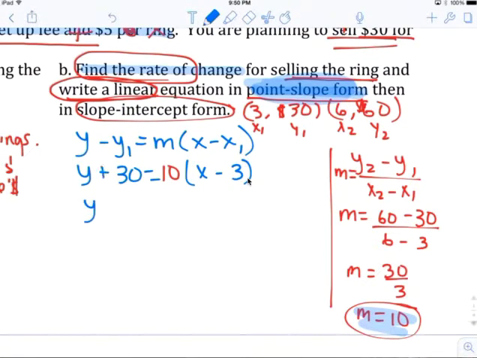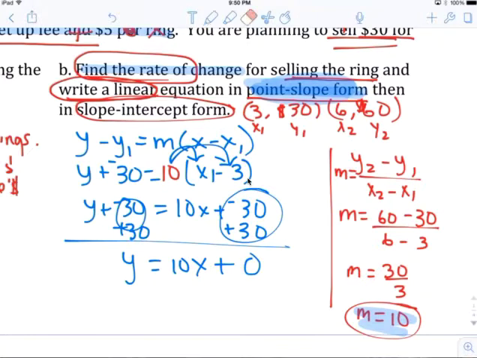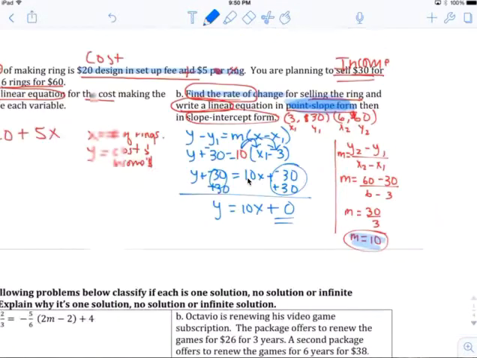So Y plus a negative 30 equals 10x plus negative 30's additive inverse. Add 30. It's 0, 0 plus y is y equals 10x plus 0, or y equals 10x. Whichever way you want to put it, okay? With the 0 or without is fine. We know the rate of change is 10 and the y-intercept is 0, right there if you want it with the y-intercept.